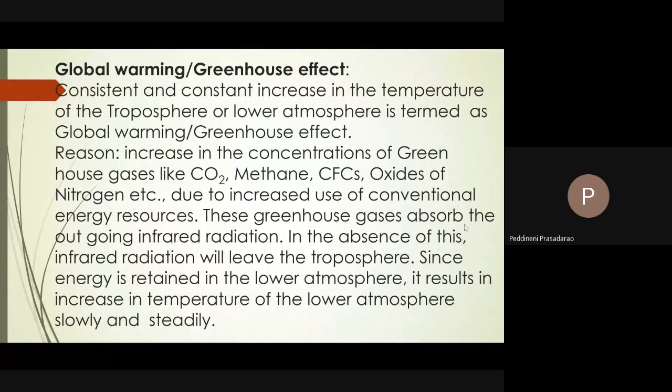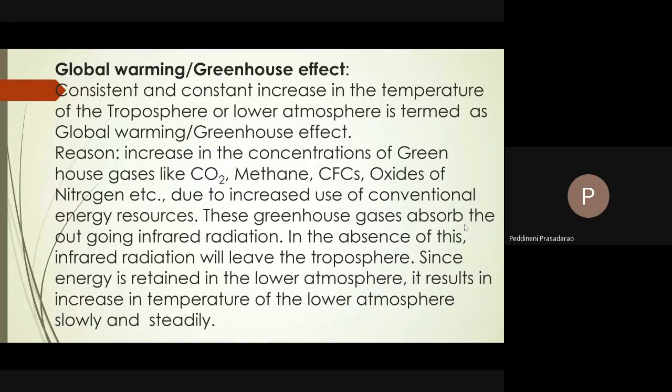If CO2, methane, CFCs, oxides of nitrogen and other greenhouse gases were not present in great quantities in the troposphere, then we may not see this so-called global warming.